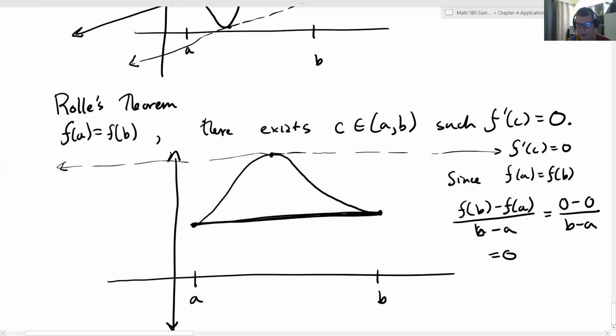The reason is that since f of A equals f of B, the top part is going to equal 0, so the slope of the line between A and B is simply 0. So it's the mean value theorem, except for the special case where f of A equals f of B. So that's that.